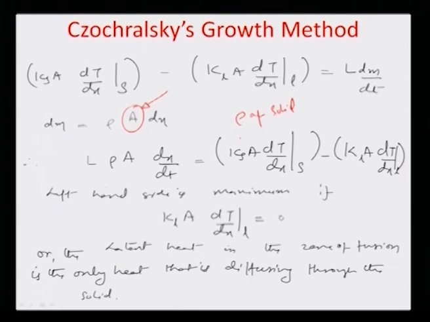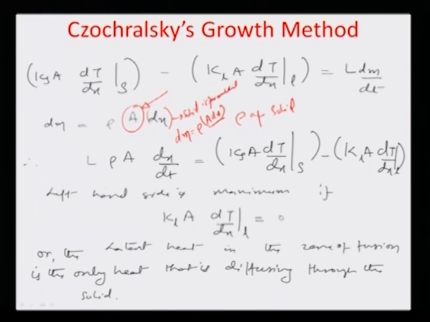If we assume that a length dx of solid material is formed because of this heat transfer process, then dm, the differential amount of mass, is nothing but the density times the volume A dx, which is created by virtue of pull out from the zone of fusion into the solid state.